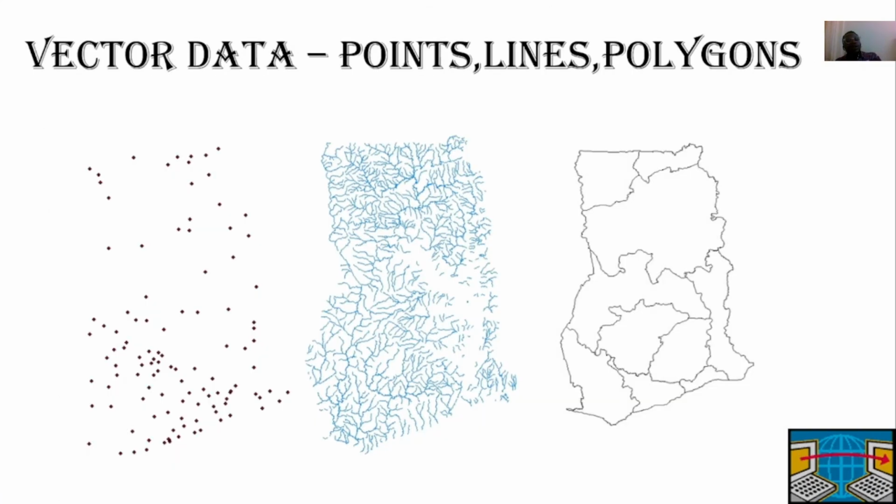So this is an example of the representation of vector data. You see that the points here are used to represent some communities within Ghana. The second one is a line feature representing the various water bodies in Ghana. Then we have the administrative boundary of Ghana, which is represented in polygon format.